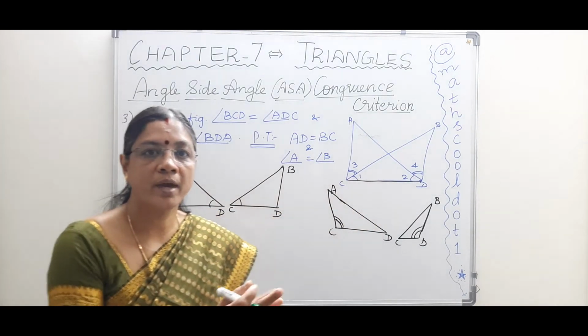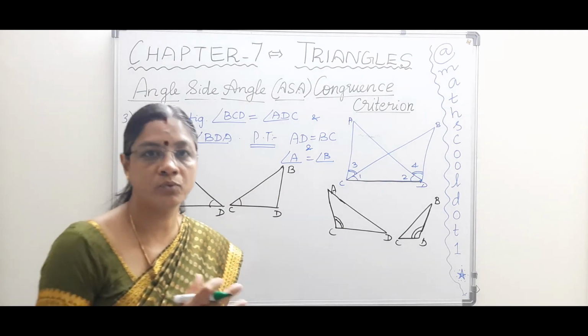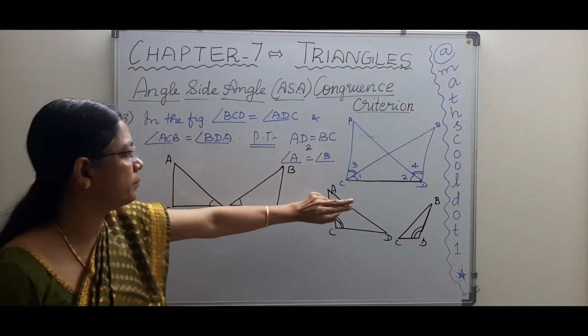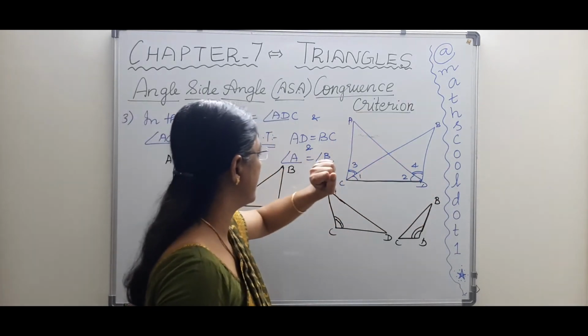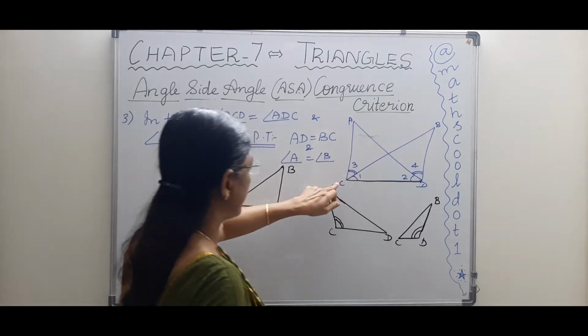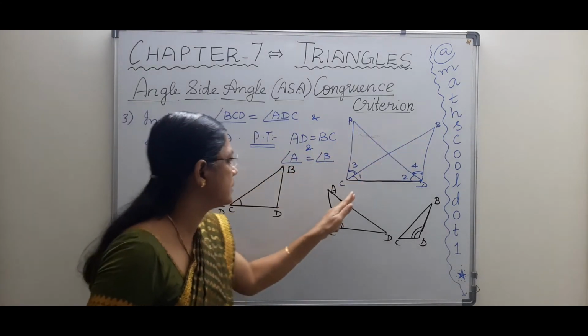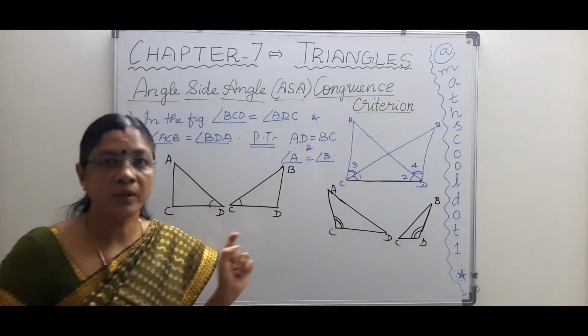So these are the things we have observed from the diagram and what is given in the question. Now we'll proceed. Prove that AD is equal to BC. Which is AD? This side of the triangle is AD, and for this triangle BC. So we have to prove AD is equal to BC and angle A is equal to angle B. That we need to prove.